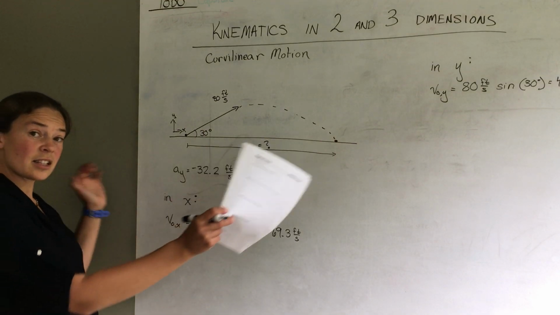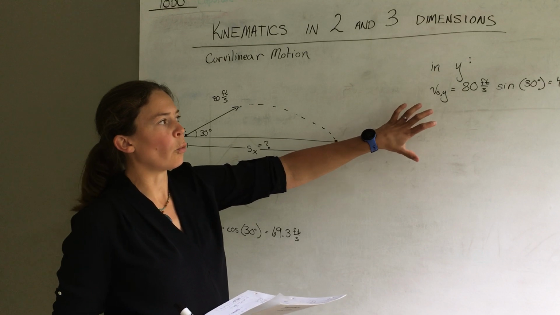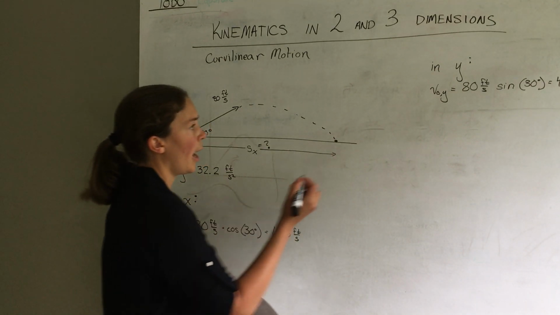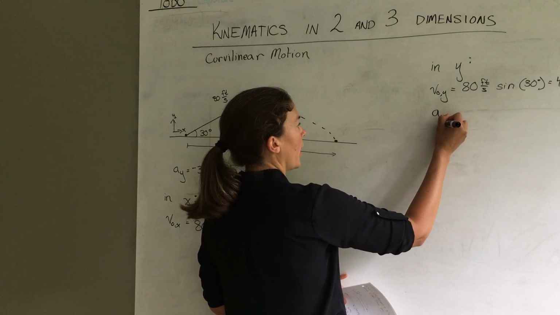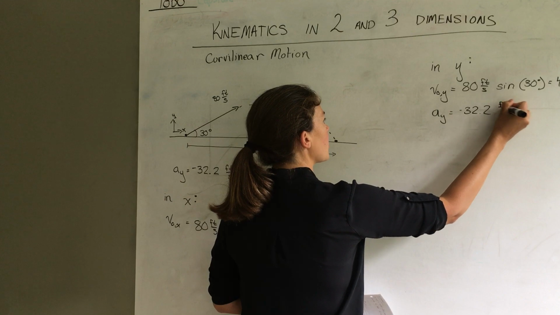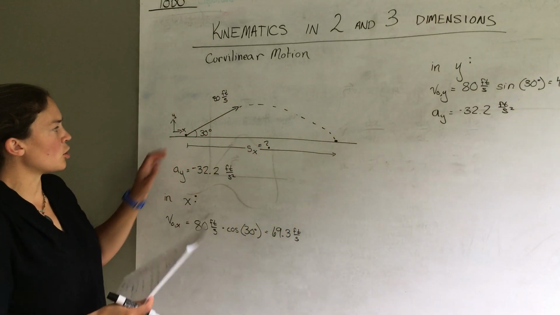Now we treat these totally separately, and I'm going to start by looking at the y direction. I know that I have an initial velocity of 40 feet per second. I know that I have an acceleration in the y direction of negative 32.2 feet per second squared. I also know my initial position in the y direction.